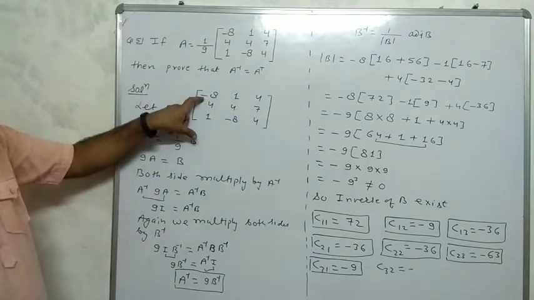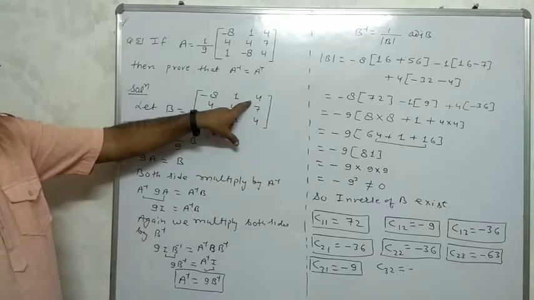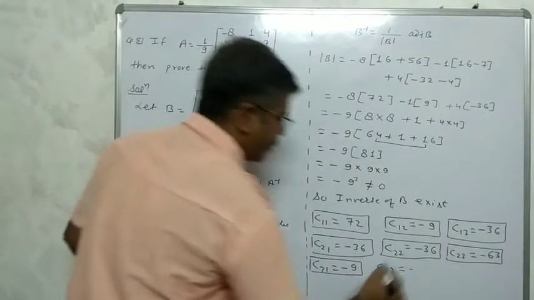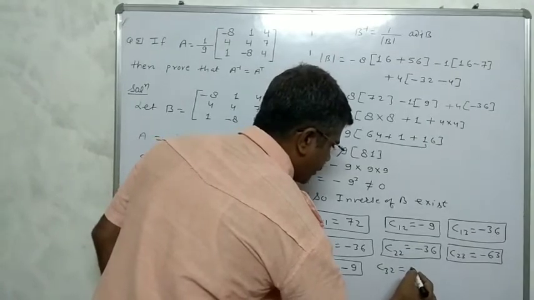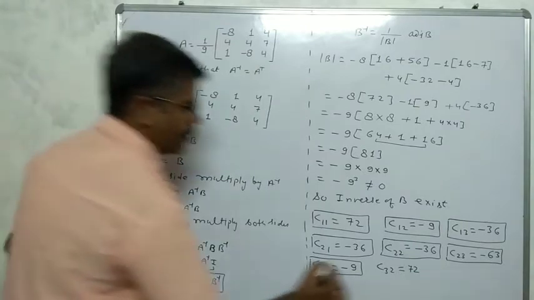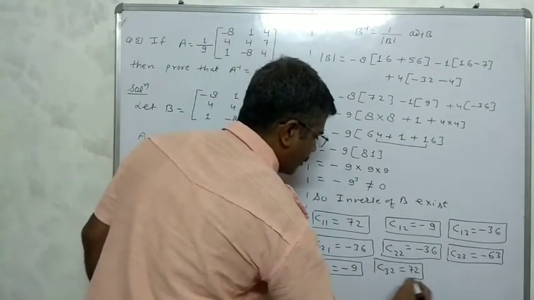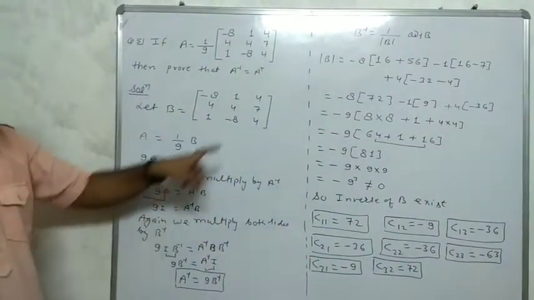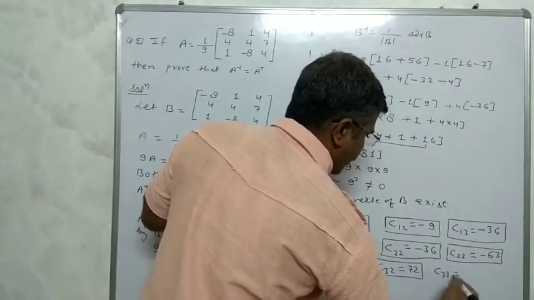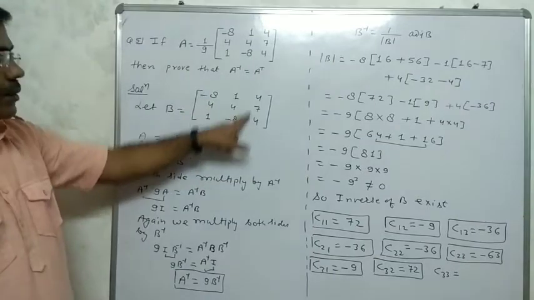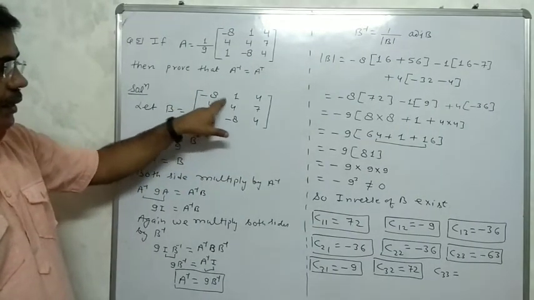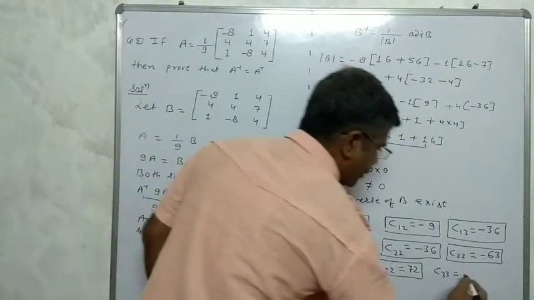Minus 56, minus 16, minus minus plus, 72. Next, C33 is positive. This column and this row delete. Minus 32, minus 4, minus 36.